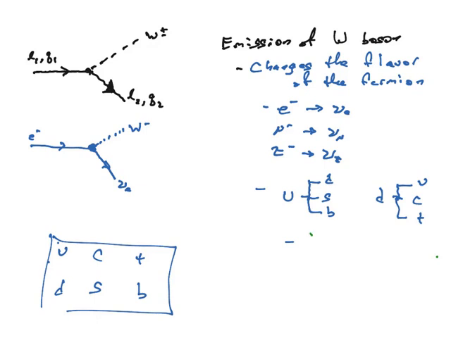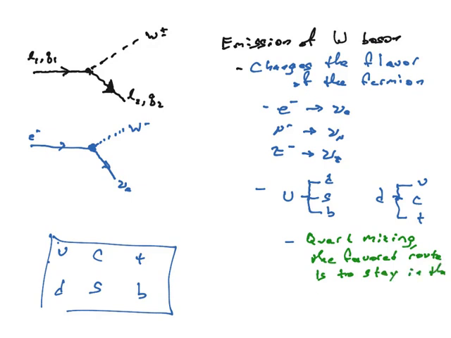For quark mixing, which is what this is, the favored route is to stay in the family or the generation. Sometimes we call these families.